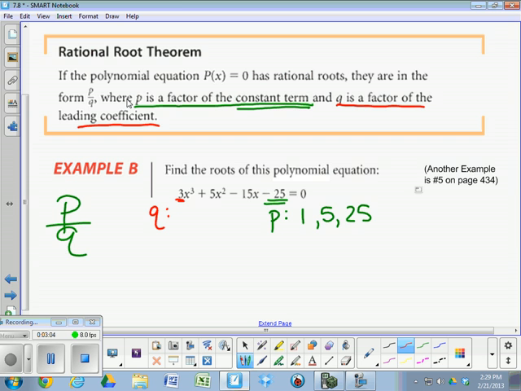So again, we're trying to narrow our list down of who committed this crime, of who made this equation equal 0. That's the case of the day. Well, the factors of 3 are just 1 and 3. That's it. 1 times 3. Those aren't the potential suspects. Those aren't the people who you would line up at the police station behind the one-way mirror glass.